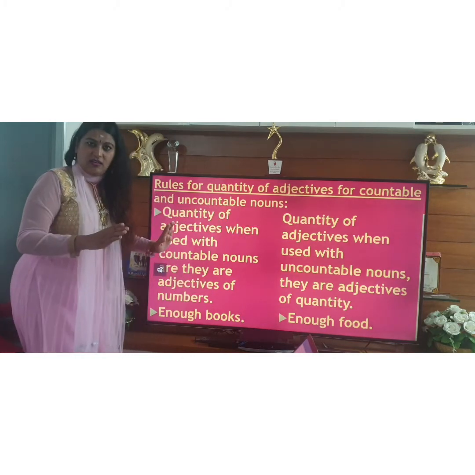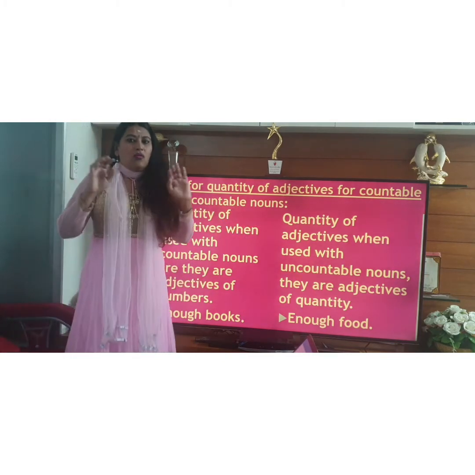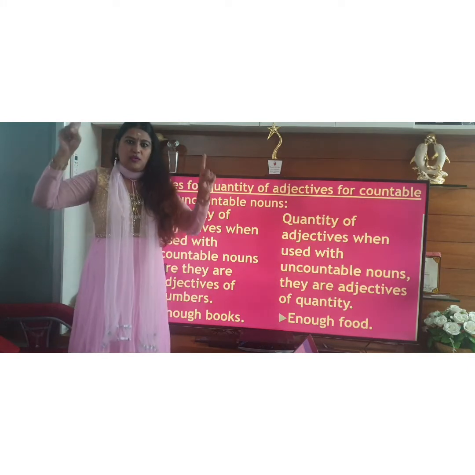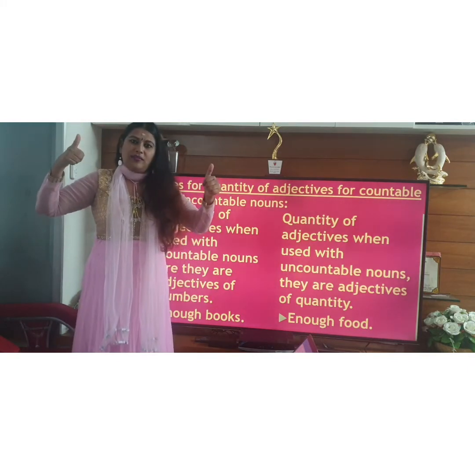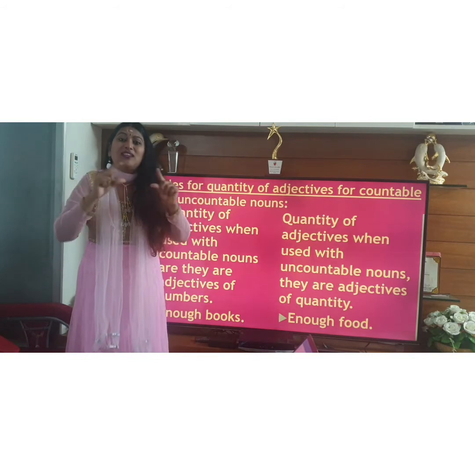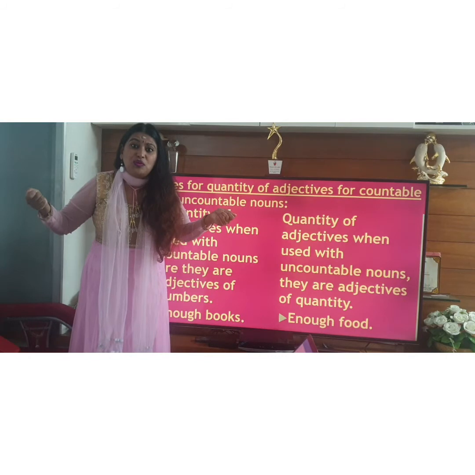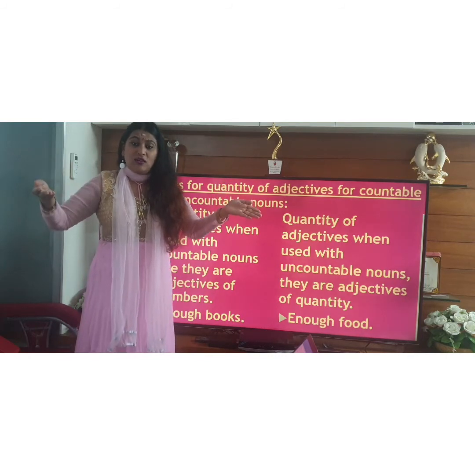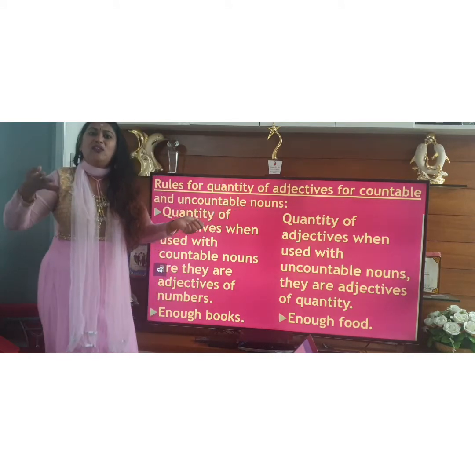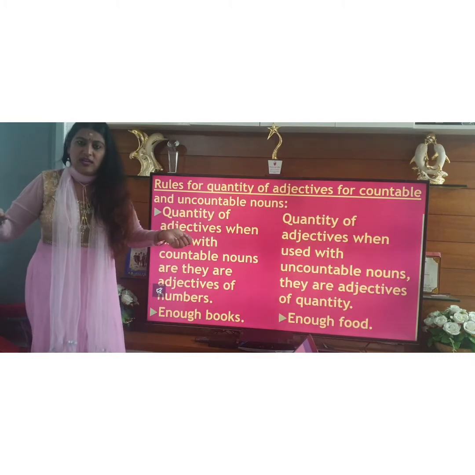I repeat once again. Quantity of adjective, two things we use: how much and how many. For how much and how many, there are certain helping words which we use. What are the helping words which we use to express the quantity of adjective? Some, many, whole, half, right? Okay.